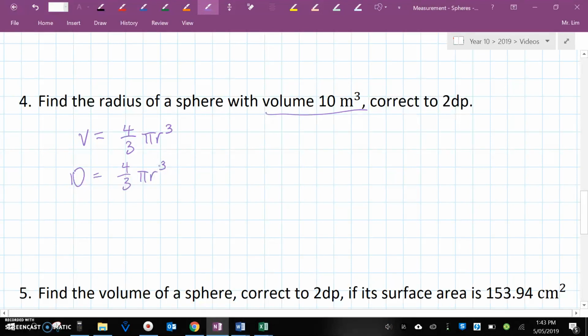We're going to get rid of this fraction by multiplying by 3, and 10 times 3 is 30. So that leaves us with 4 pi r cubed on the right. We're going to divide both sides by 4 pi. So 30 divided by 4 pi will give us r cubed. And therefore, to get r, we need to cube root 30 over 4 pi.